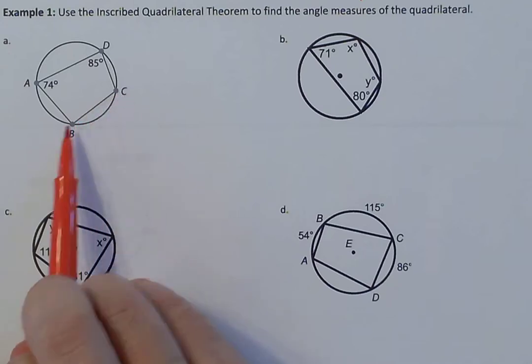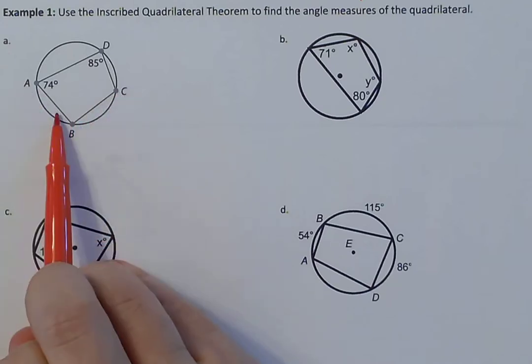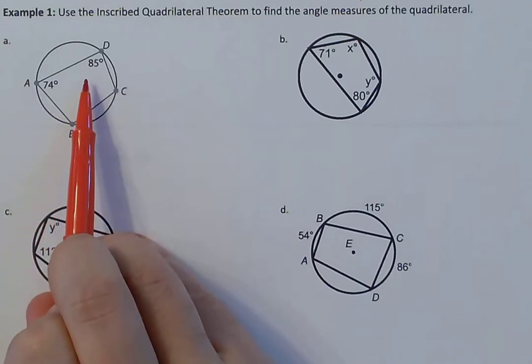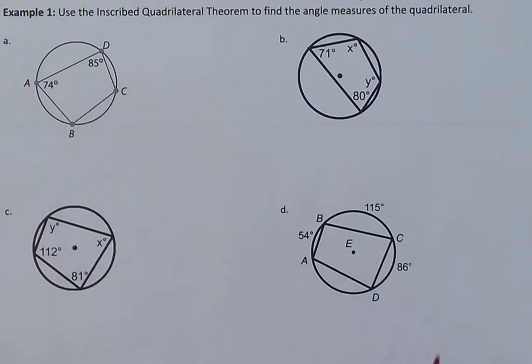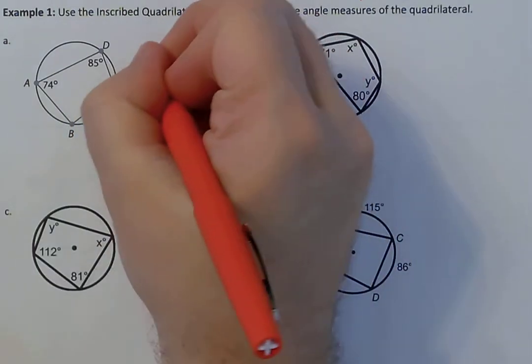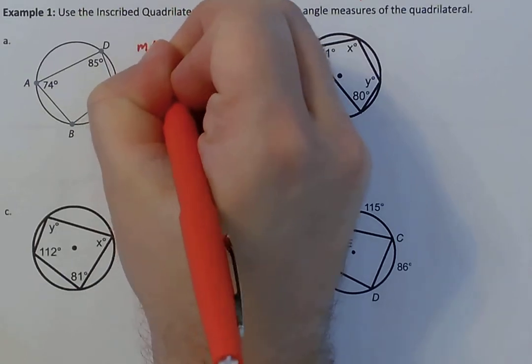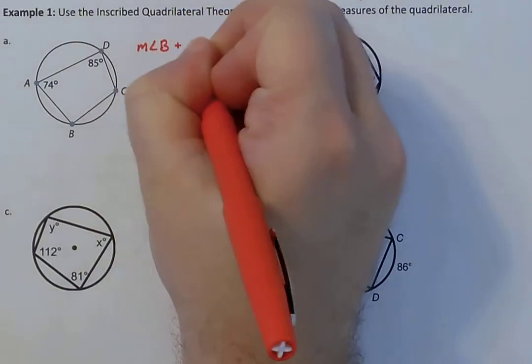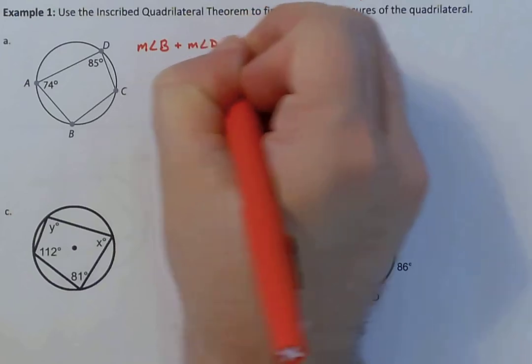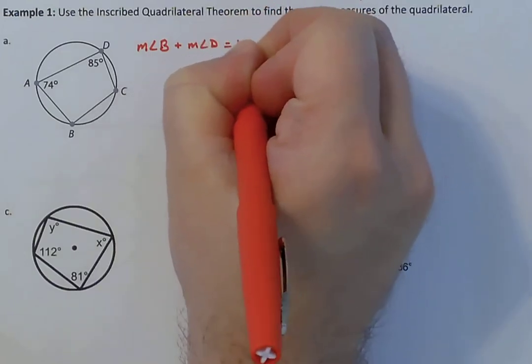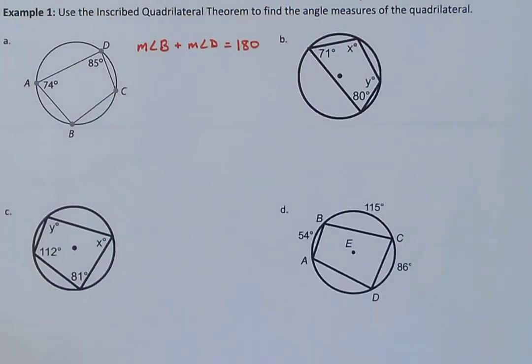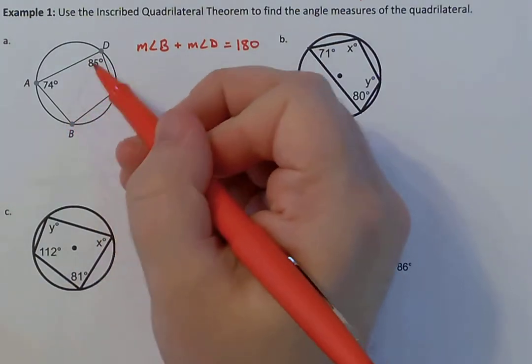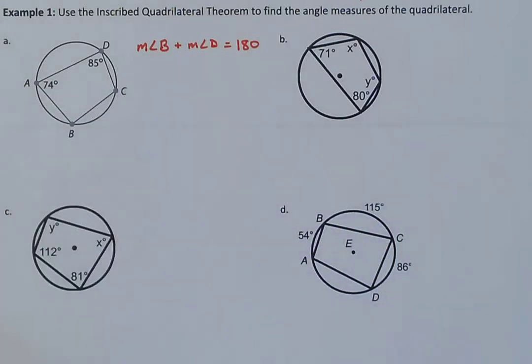C is right next to B, as is A, so the only angle that's opposite is D. So the measure of angle B plus the measure of angle D is going to equal 180 degrees. That's the inscribed quadrilateral theorem, that these two add up to be 180.